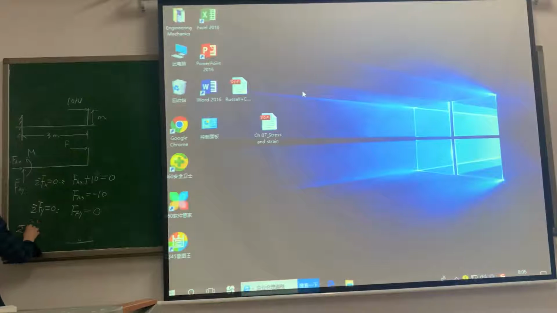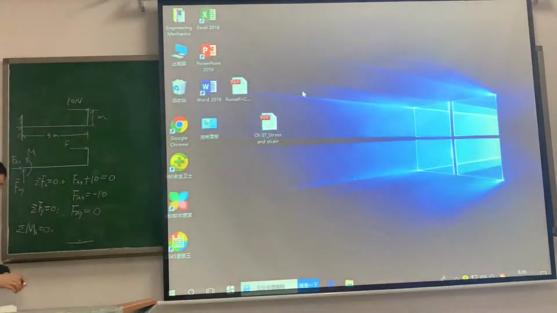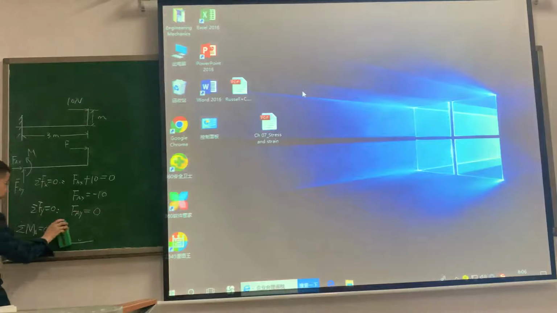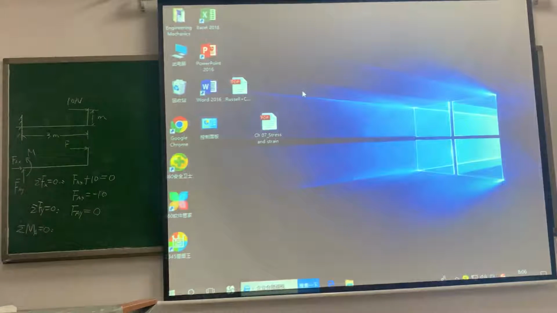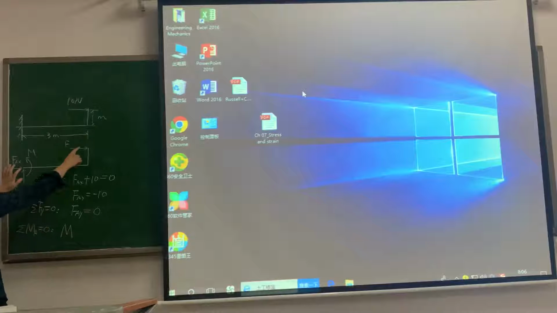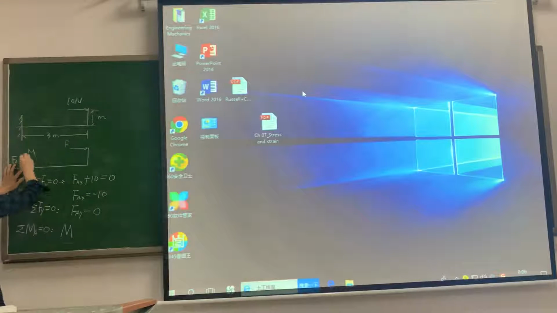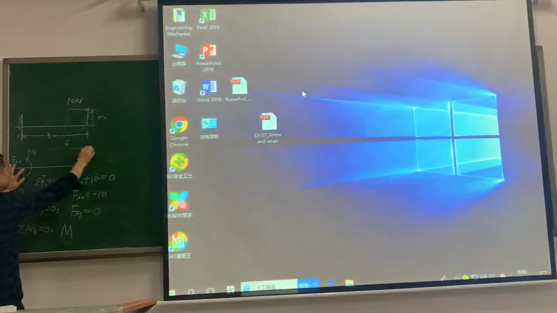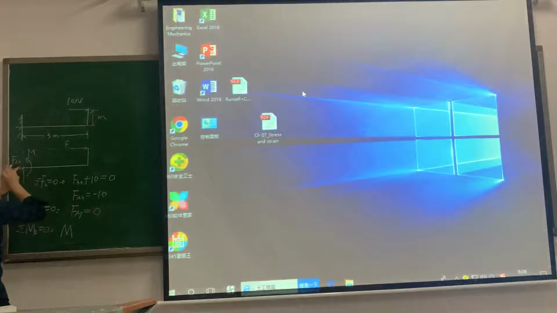Sigma MA equals 0. It's M. This force has a moment about the point. The distance is the distance.